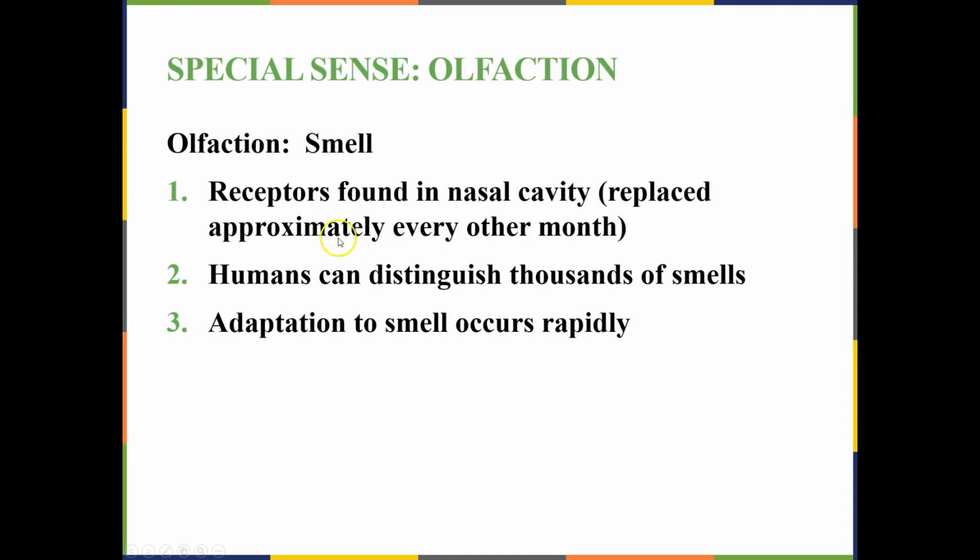Because of this, they are more prone to damage, and so they are replaced approximately every couple of months. We're able to distinguish multiple smells, not as many as other animals, but a lot of smells. But we do adapt relatively fast to many of those smells.